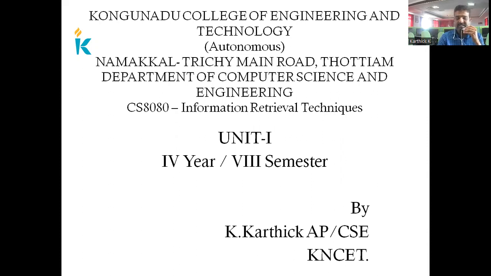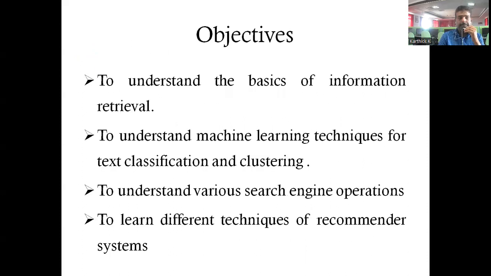Information provides some meaningful data, a particular data which conveys some meaning, and we have to know how it is being retrieved, and for that what are the techniques we are going to apply in computer science. That is how information is retrieved and what techniques we are going to use, right?